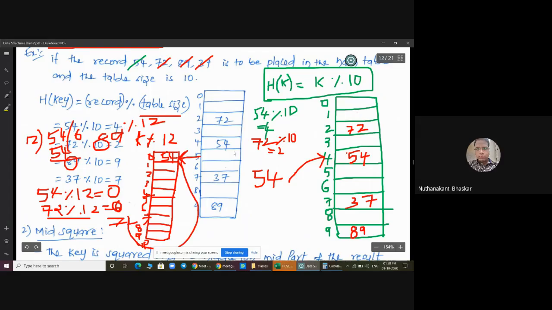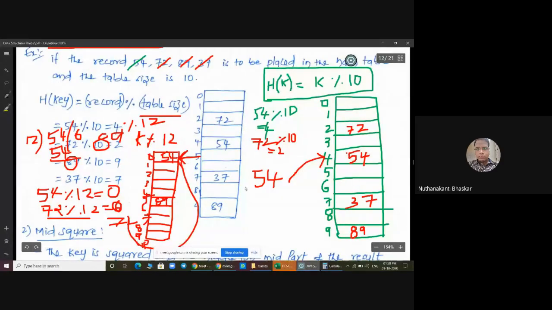What is the index value? Please consider integer only. 5. Now it is going to insert at the fifth location.